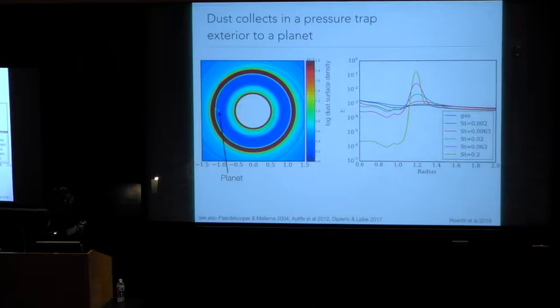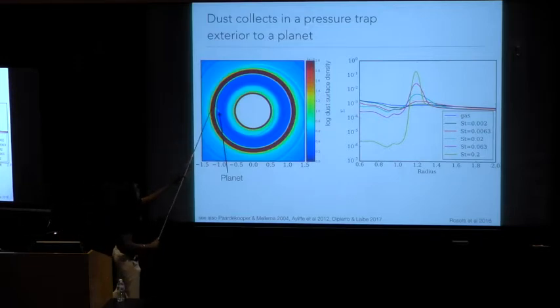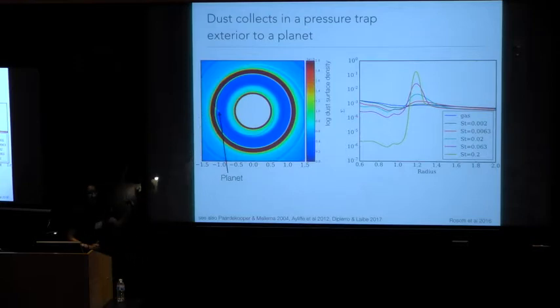So, from planet disk interaction simulations, we know that if you have a planet embedded in the disk, it should open up a ring exterior to it. This is work that really started early on back in 2004, and a lot of authors have shown this.